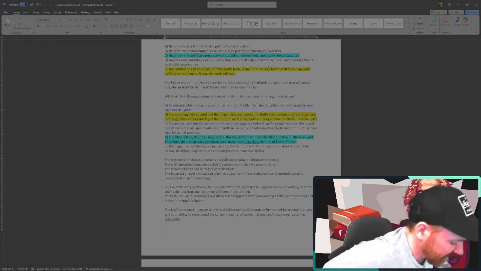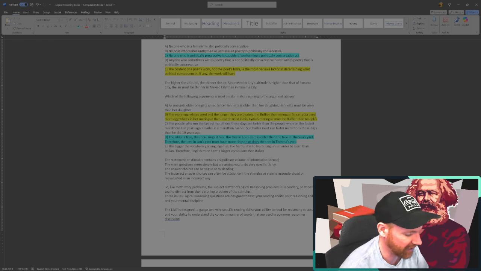And then the signs of mastery. Now that you've gotten a little sample of the problem solving process, let's broaden things out and define in general the characteristics of a top scorer in the logical reasoning section.